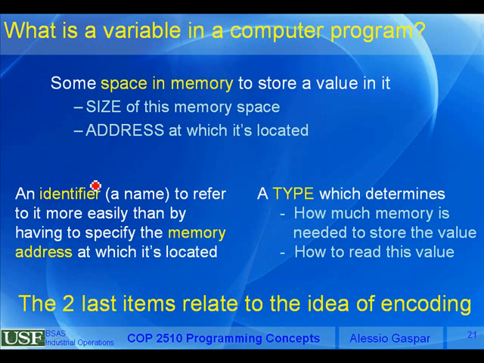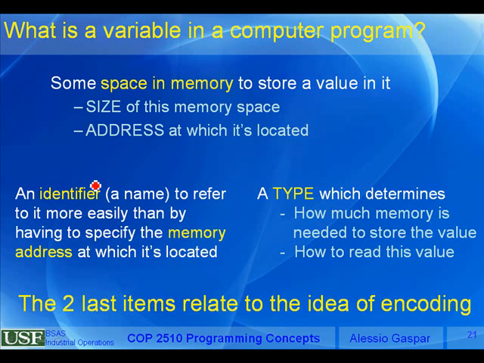Now, we are going to discuss relatively briefly something that is really important. It's pretty much a definition of what a variable is from a computer system, a computer program point of view. So we are trying to get a little bit more technical. Why?